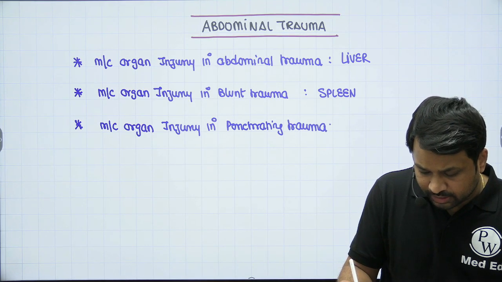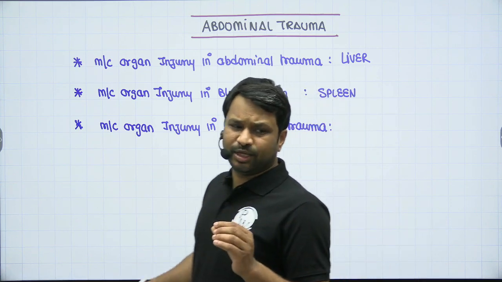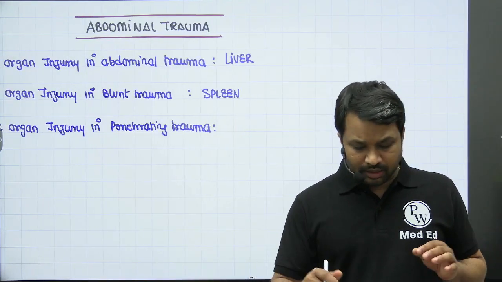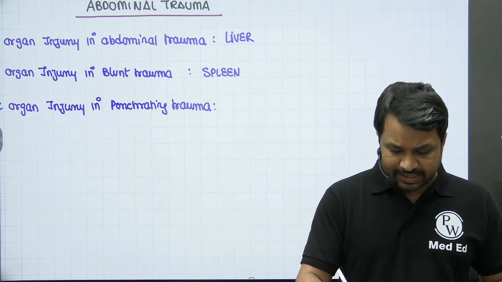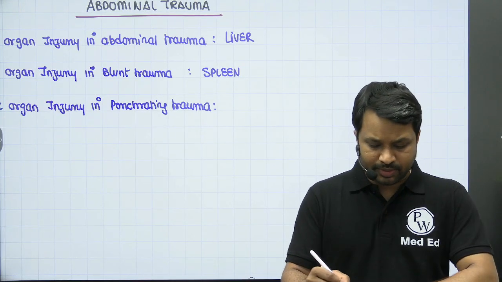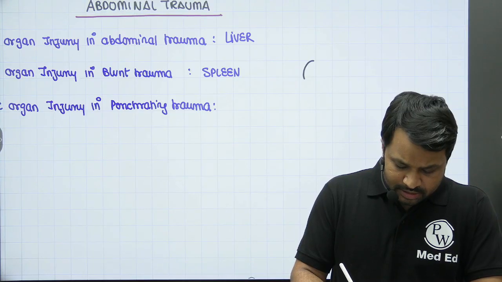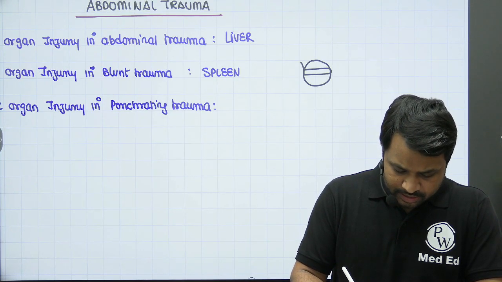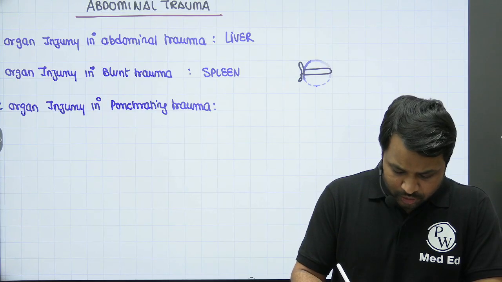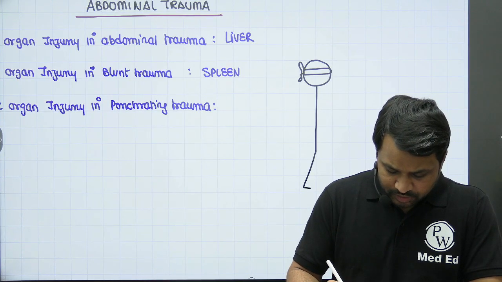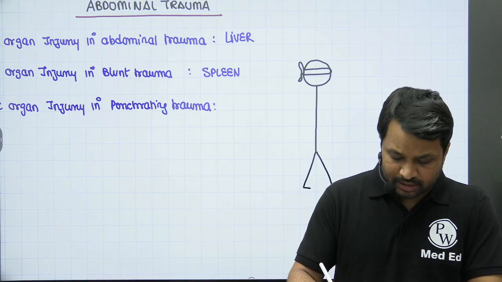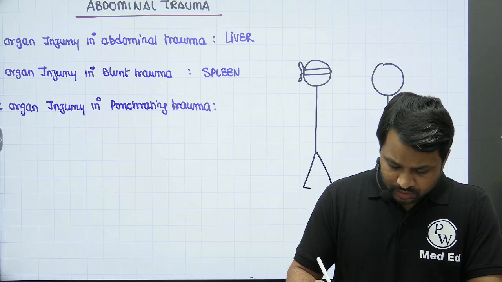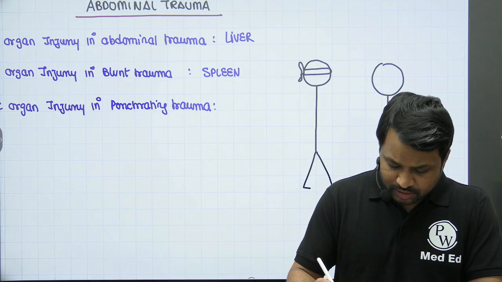Now, again, this is something where you would use logic to know what organ might get injured. In a penetrating trauma abdomen, let's take a hypothetical situation: this is a guy who is an assassin, and he wants to kill a guy he has taken money to kill.